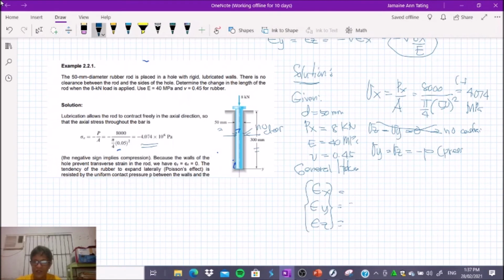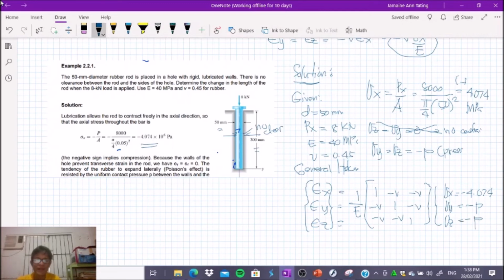This will be equal to 1 over E, then we have 1, 1, and 1 on the diagonal, and negative V for all the other entries. Then we place the stress on X, stress on Y, and stress on Z. Now, this will come out as negative 4.074, then this will be equal to negative P, then this is also equal to negative P.